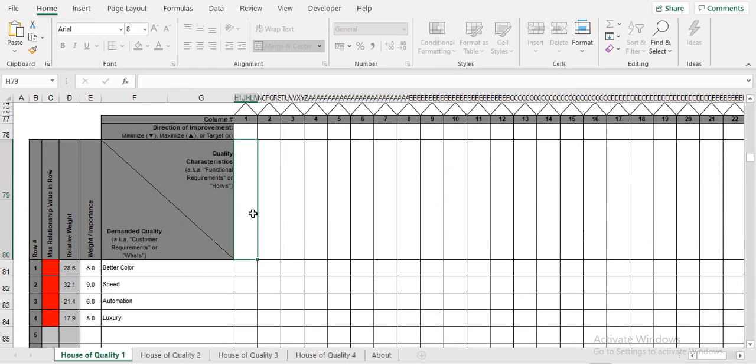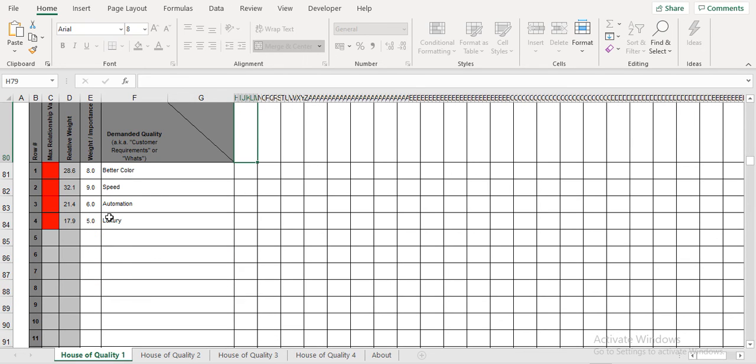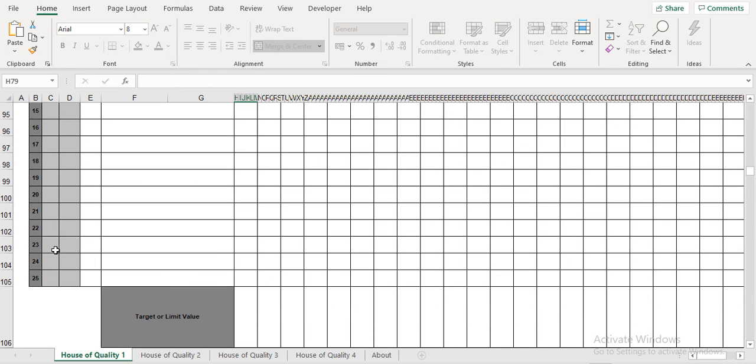Let us study it later. For now, this is how we include values for customer requirements. These are the customer requirements and the weights that we give. When we give weights here, it automatically updates values here.